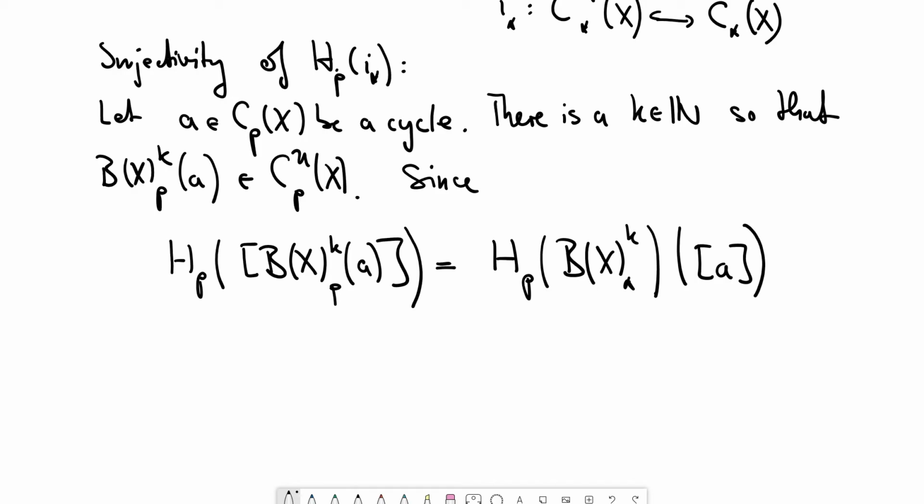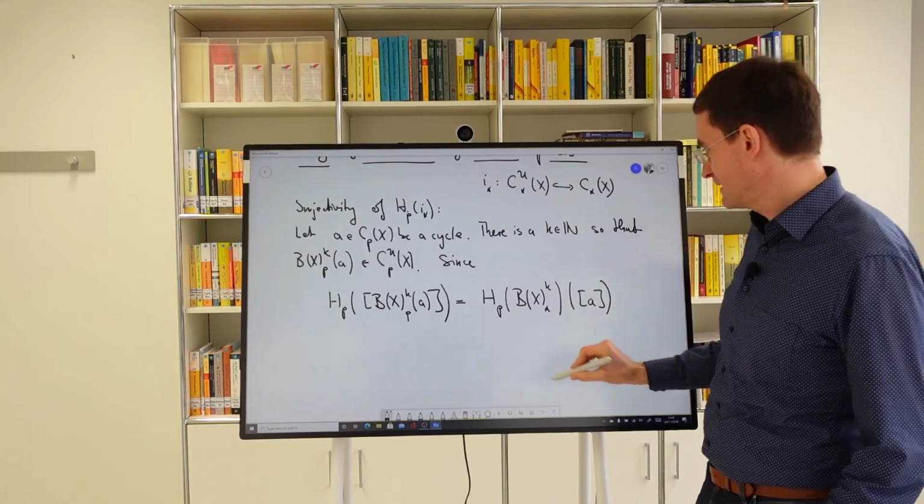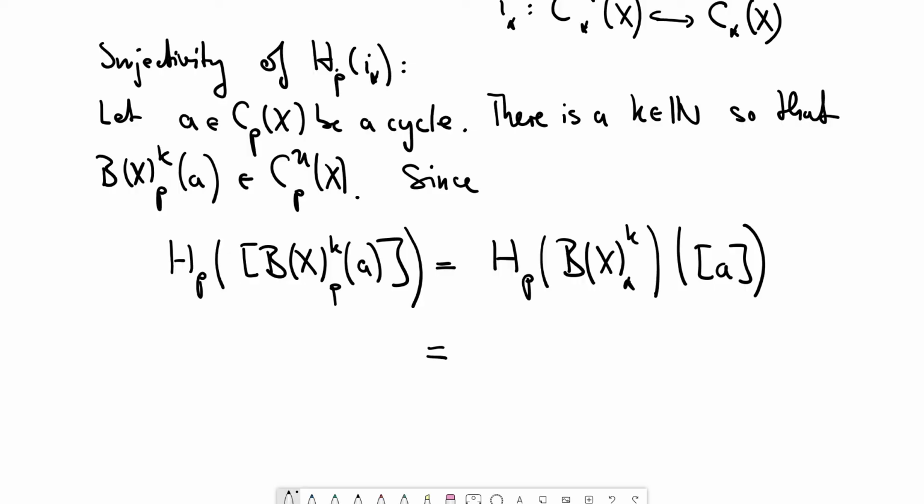So the chain map induces a map on homology. So that's this map applied to A by, I don't know, I want to say functoriality.